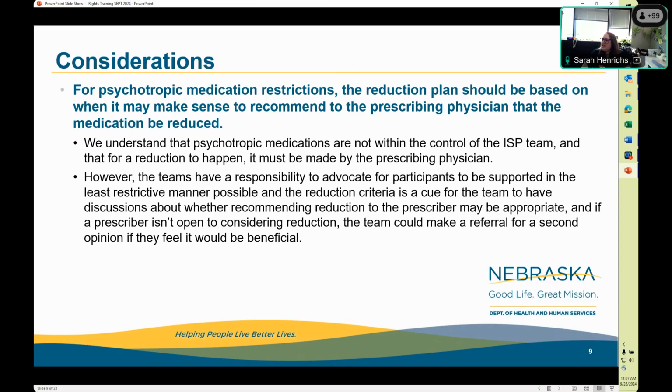When a provider utilizes the bulletin to make a psych med not a restriction, is there anything we should be looking for? So yeah, when a medication isn't restrictive, we don't have to have a reduction plan for it, right? But we're still going to look for if it seems to be impacting their functioning or their quality of life. Like, do they take their 5 o'clock meds and then fall asleep in their supper every night?